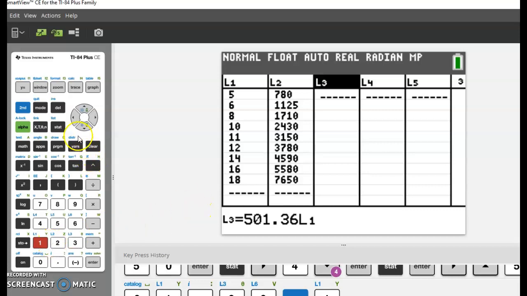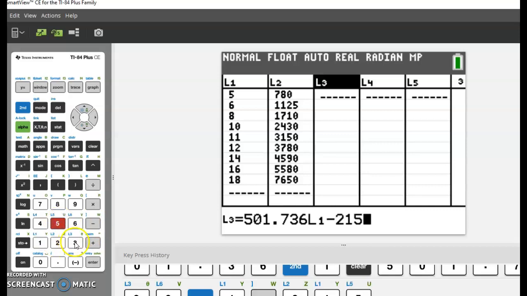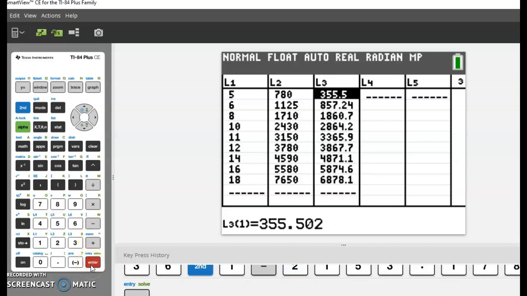Let me go back. I thought I hit all the numbers I needed to, but I didn't. That's a very common mistake. 501.736, L1, and then minus 2,153.178. When I hit enter, I'm going to get all of my predicted values.